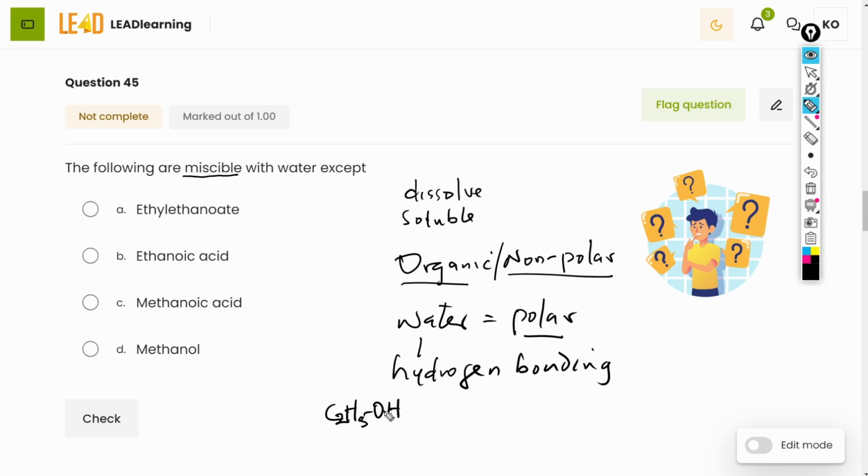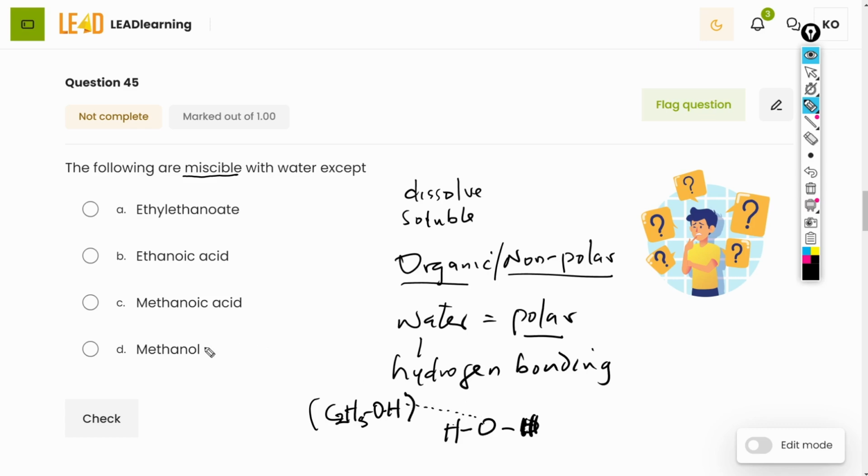There is a bond between this oxygen and the hydrogen. If we pour ethanol in water, the hydrogen from ethanol would form a hydrogen bond with the oxygen in water. Now, this is a hydrogen bond, and because of the formation of this bond, this compound, even though it's non-polar or organic, it becomes soluble in water.